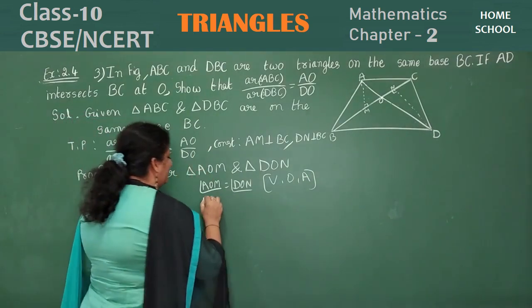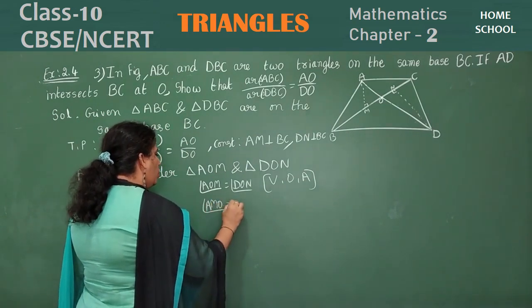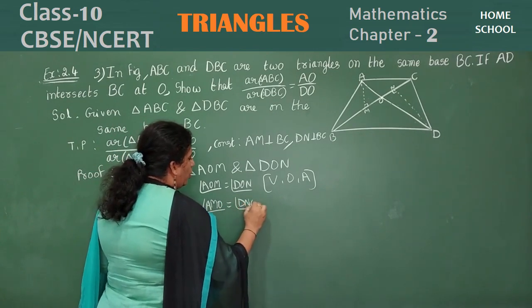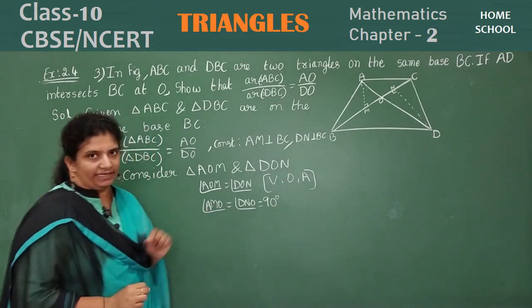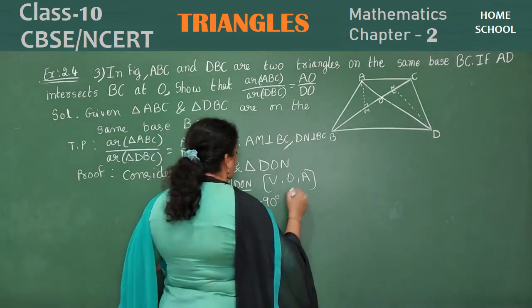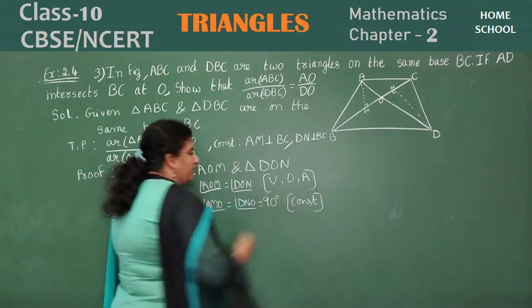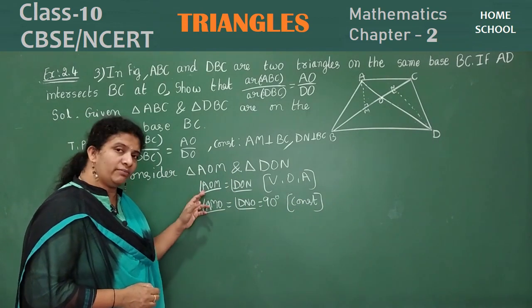Next, I can write angle AMO is equal to angle DNO. They are perpendicular, therefore equal to 90 degrees. It is by construction, I can say this. So two corresponding angles are equal. What do you remember?